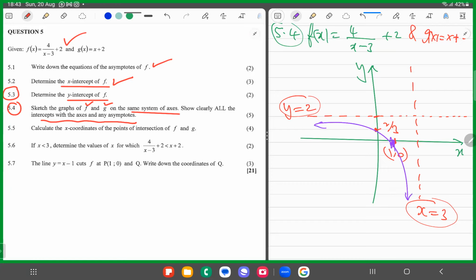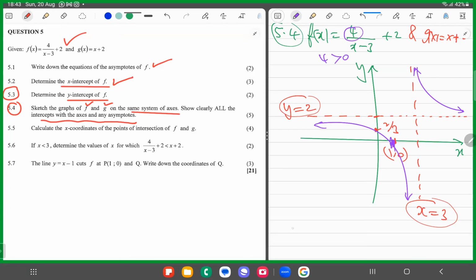This graph is the rectangular hyperbola. Because the number 4 is a positive number, it will have one piece there and one piece there. I'm going to emphasize this theory more later, but listen to this fact.